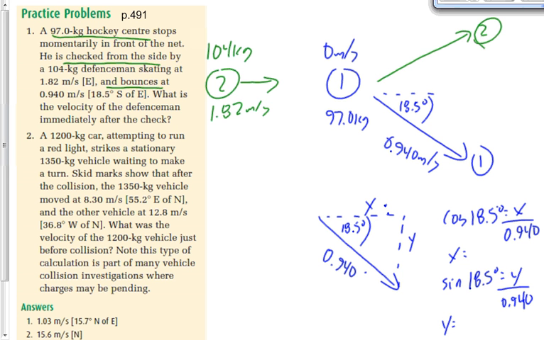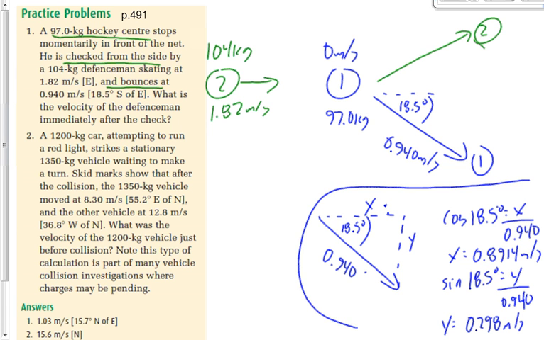Parker, you get the answer? Okay, what is it? 0.8914, thank you. And this side of the room, you get the y component. 0.298, thank you. All right, so now I've got this little aside over here. I've resolved that 0.940 meters per second into an x and a y component.